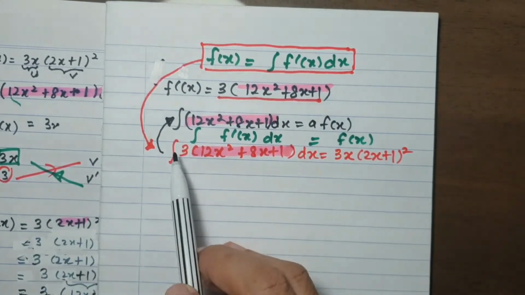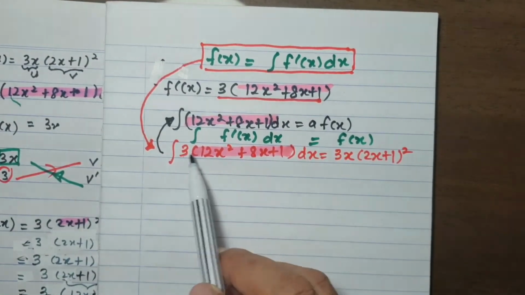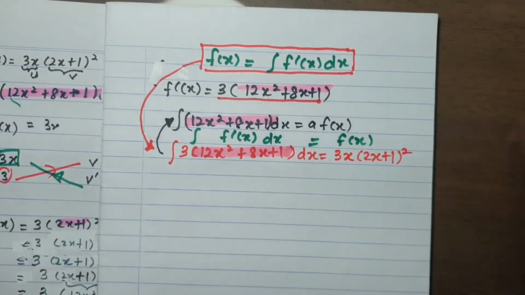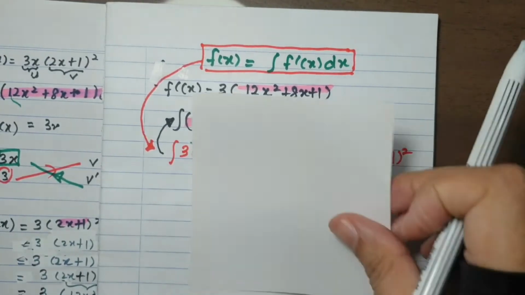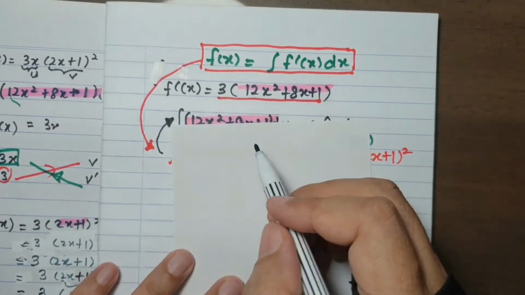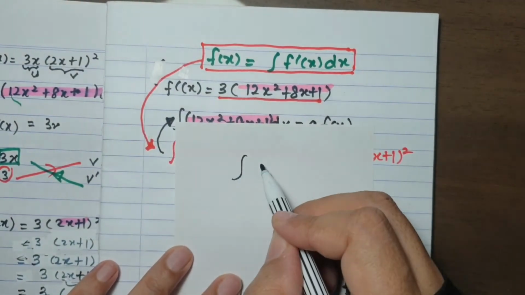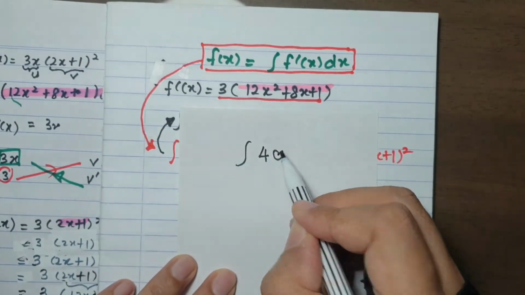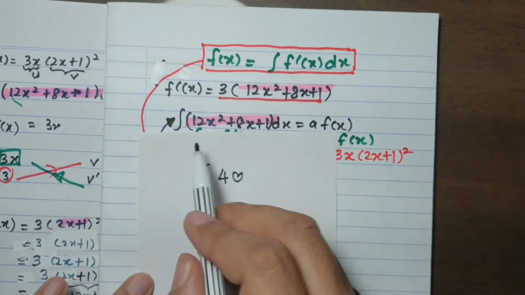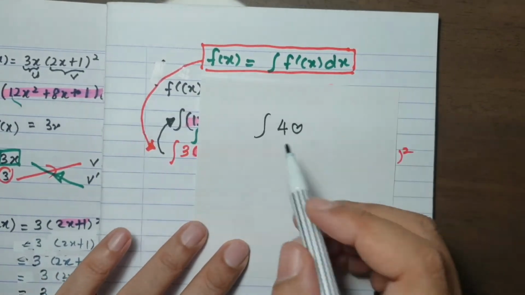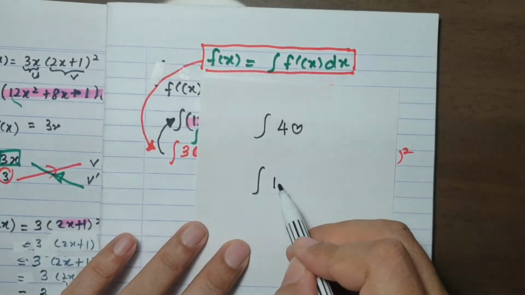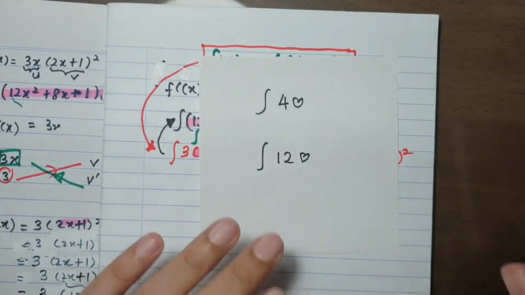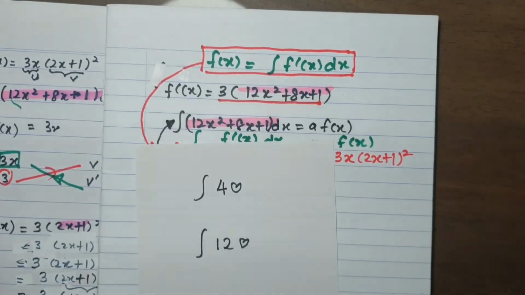Once again, using this, how to make it like this? Okay, let's say you have here 4 apples, and then here you have 12 apples. Okay, once again, you can see now.